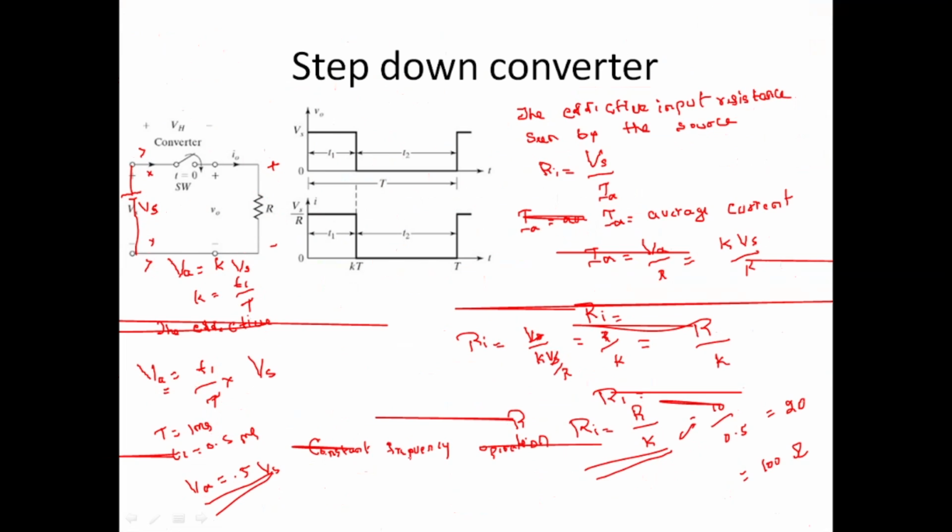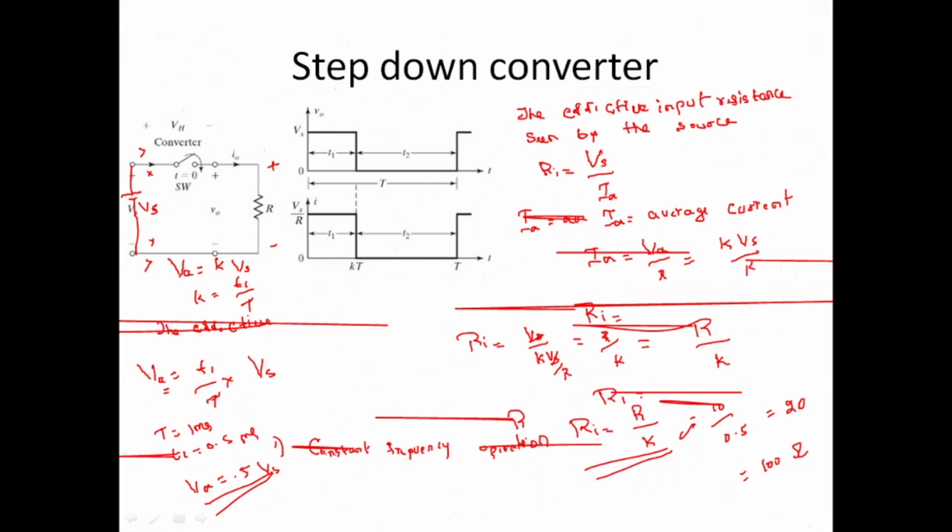Which frequency? Switching frequency. This is one method we call constant frequency operation. In a constant frequency operation, switching period we keep constant. To vary the average load voltage, we need to vary on time. This is also called the PWM method, pulse width modulation method.